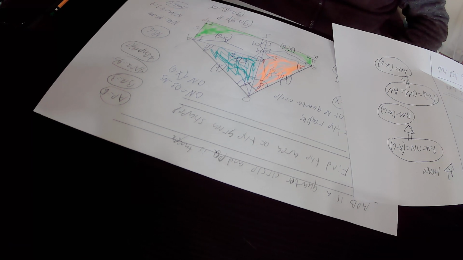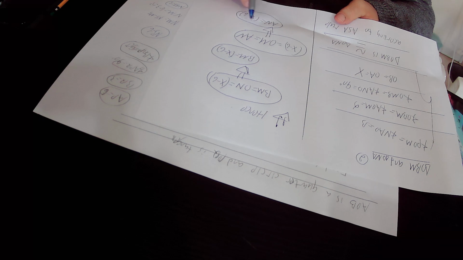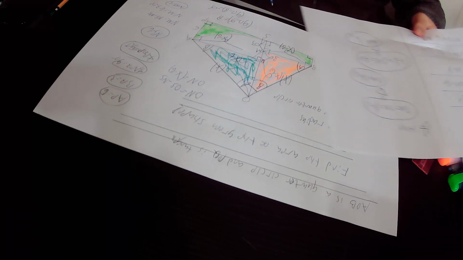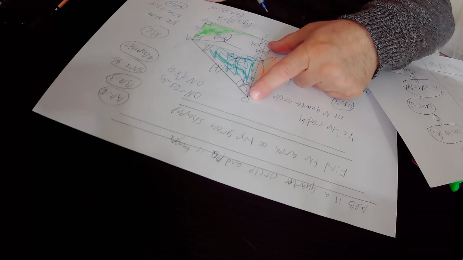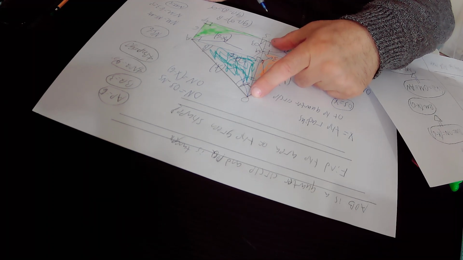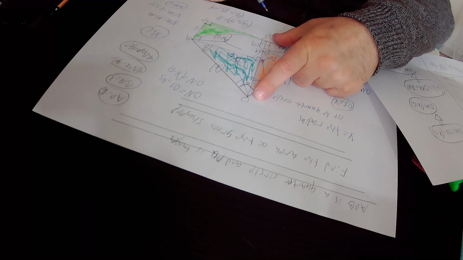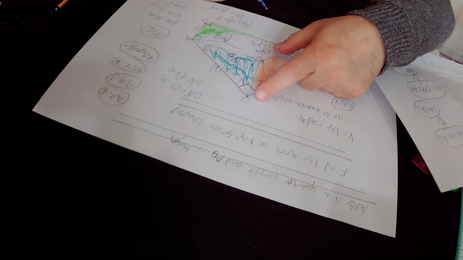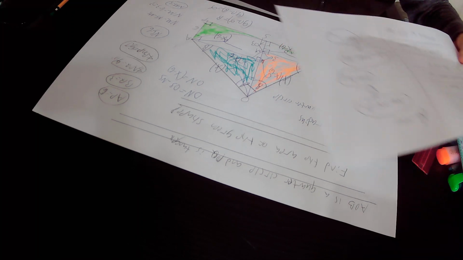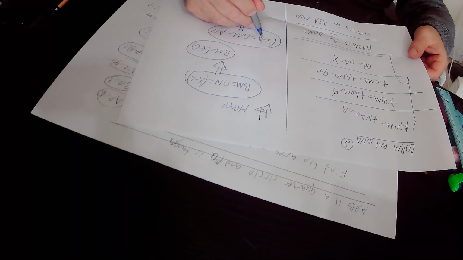Again, here OM equals AN. But what is the length of OM? OM is equal to OS, that is X, minus MS, that is 3. So in total, OM equals X minus 3.